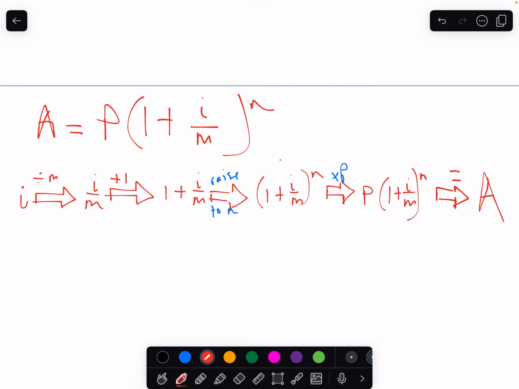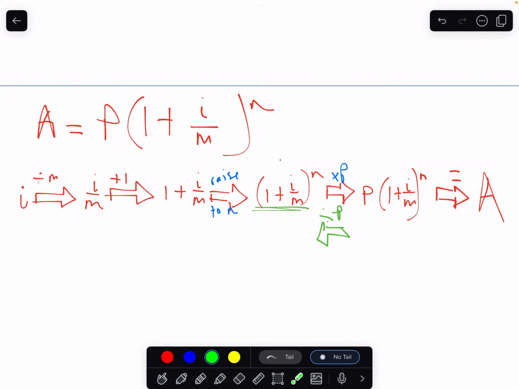Okay, so if we wanted to work backwards from this to I, then we're just going to undo each of these operations, right? So the backwards of timesing by P is dividing by P, and that was our first step, which will then give us this guy.